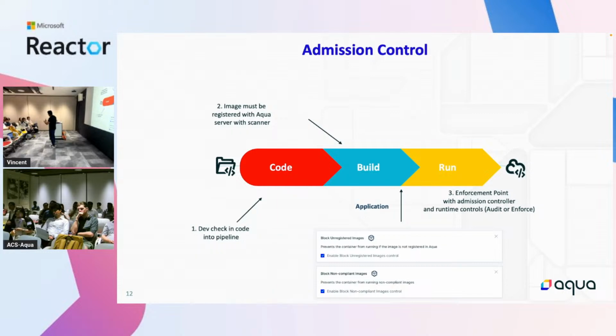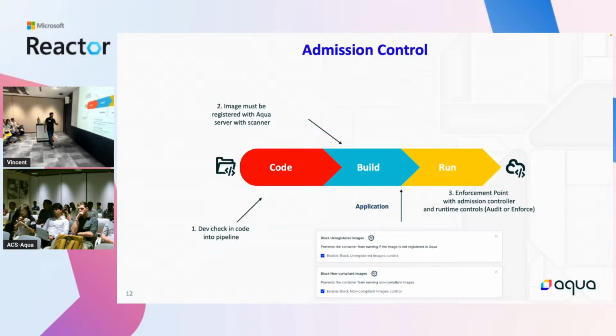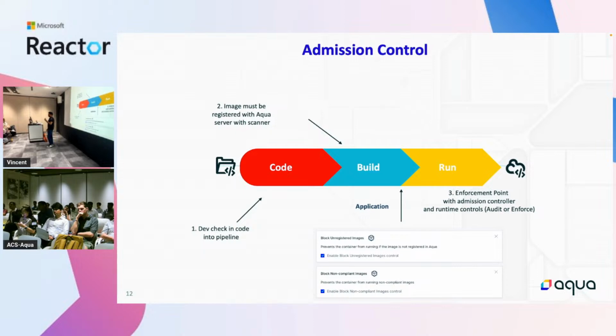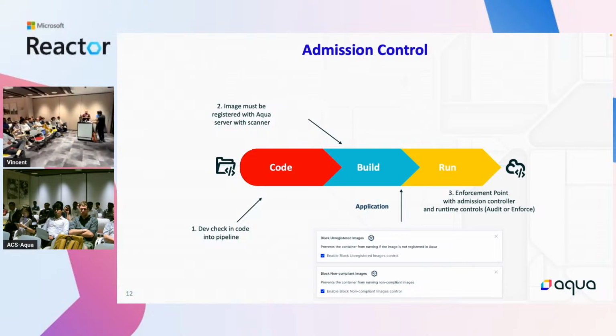We want to make sure only secure applications are allowed to run in our AKS cluster or ACI, for example. This is where admission control comes in. You want to block unregistered images, because they're not scanned by Aqua and we don't know the security posture. Another thing is you only want to allow compliant images. If they're not compliant, they're not allowed to run. So I'll show you a quick demo of that as well.